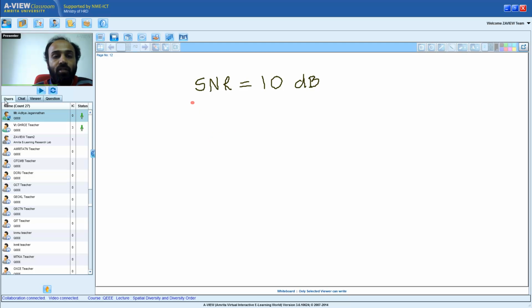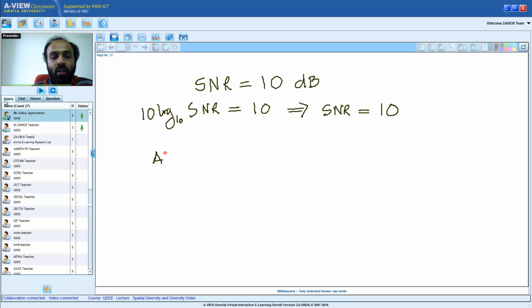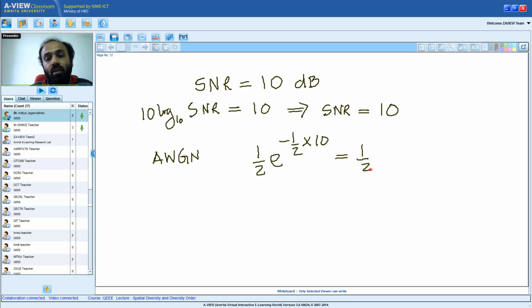Therefore, what is the linear value of SNR? 10 log 10 of SNR equals 10, which implies SNR equals 10. At SNR equals 10, for AWGN, what is the bit error rate? The AWGN bit error rate is half e to the power of minus half SNR, that is half e to the power of minus 10 over 2, that is half e to the power of minus 5.